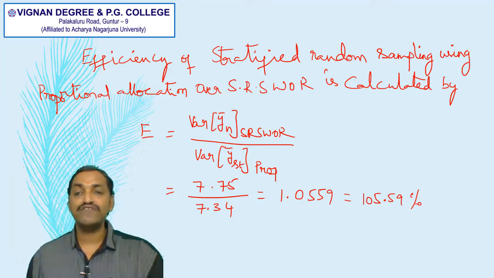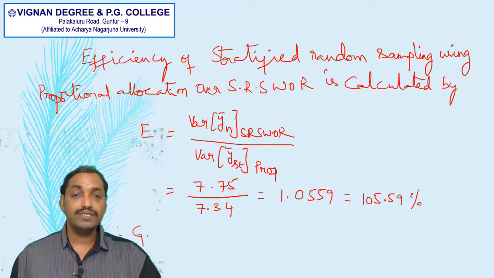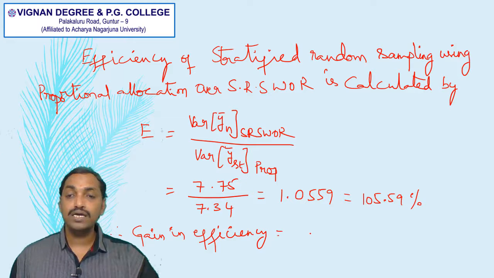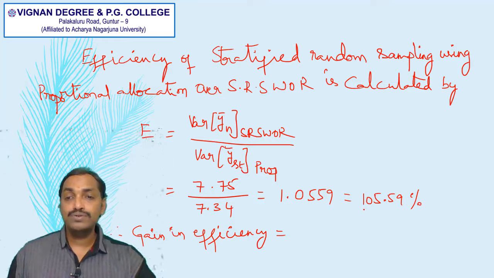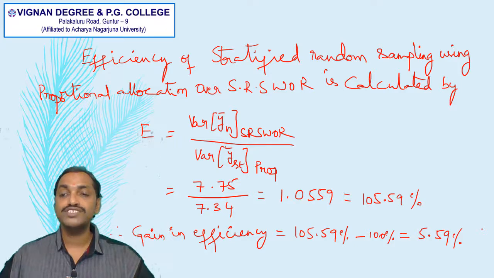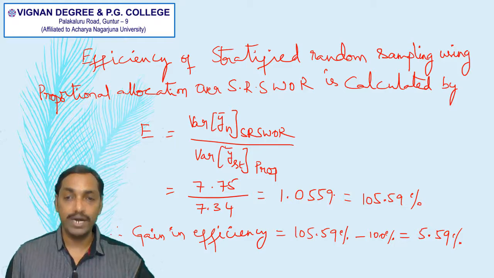Therefore, to calculate the gain in efficiency, we subtract 100% from this efficiency, that is 105.59 percentage minus 100 percentage, which gives me 5.59 percentage. That is the solution of problem number 1.